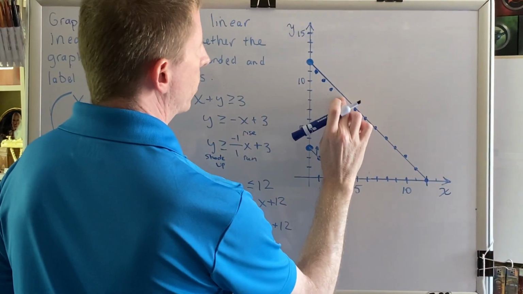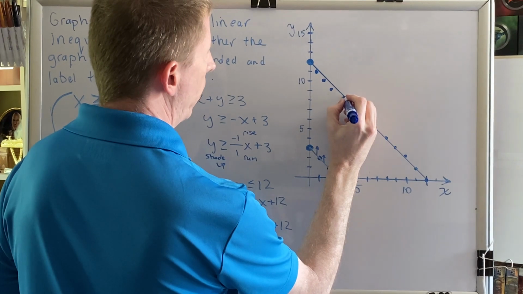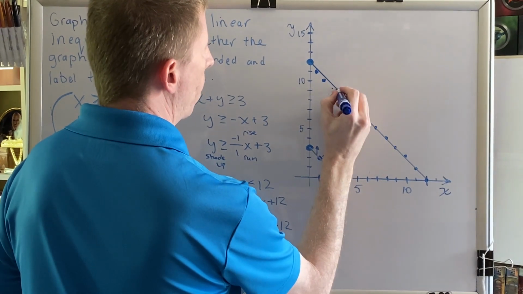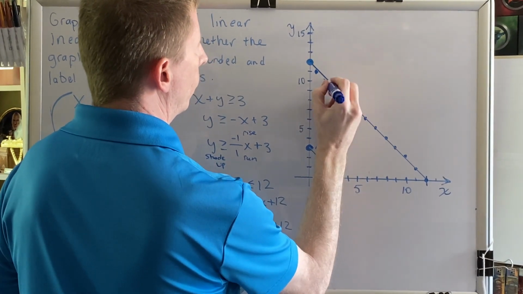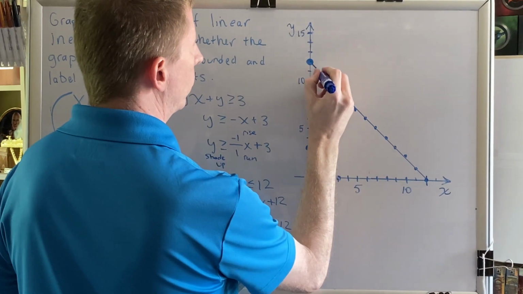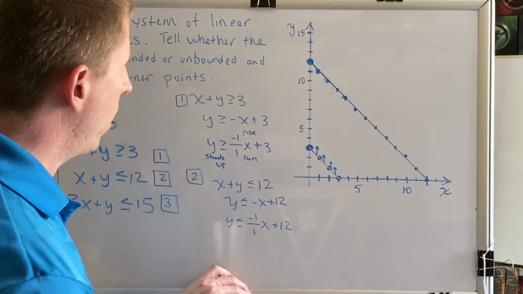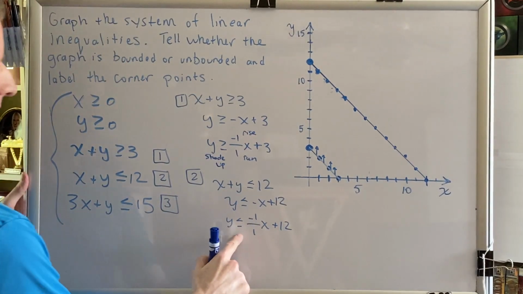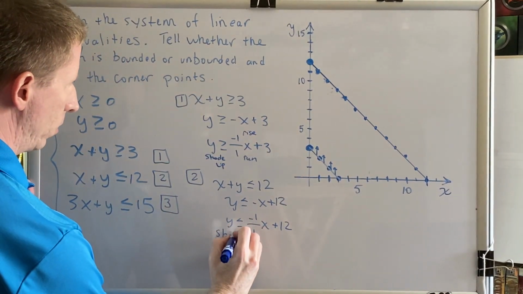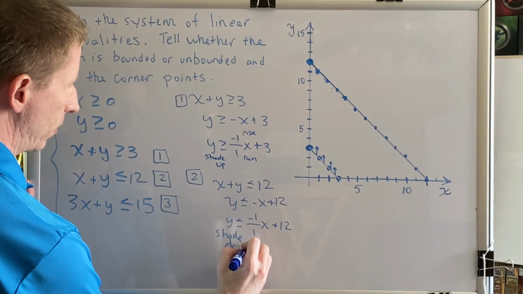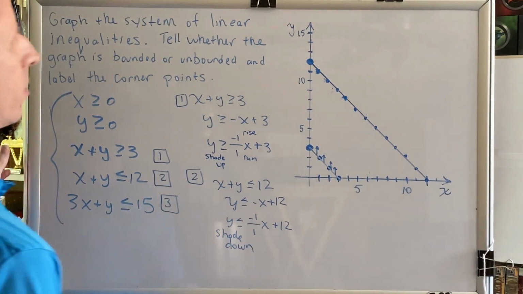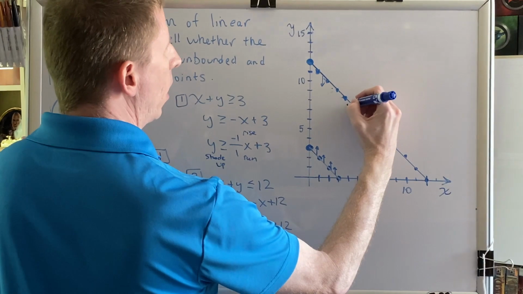All right, I'm going to adjust some of these because some of these dots didn't come out so great. Okay, now comes the shading part. This says y less than, so we shade down. Actually, it says less than or equal to, but the result is the same. So we're going to shade underneath this line.